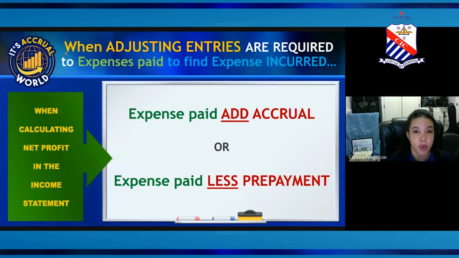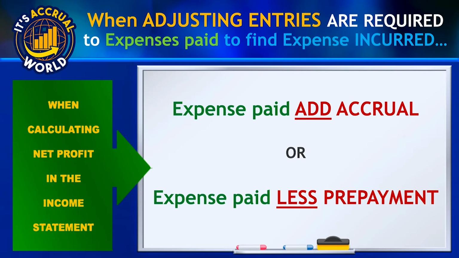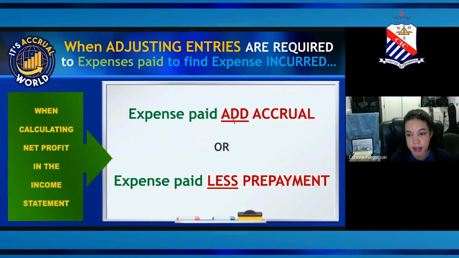So once again, when adjusting entries, meaning accruals and prepayments, are required to the expenses paid to find the expense incurred, you add the accrual or you less the prepayment to find out what the expense incurred is.